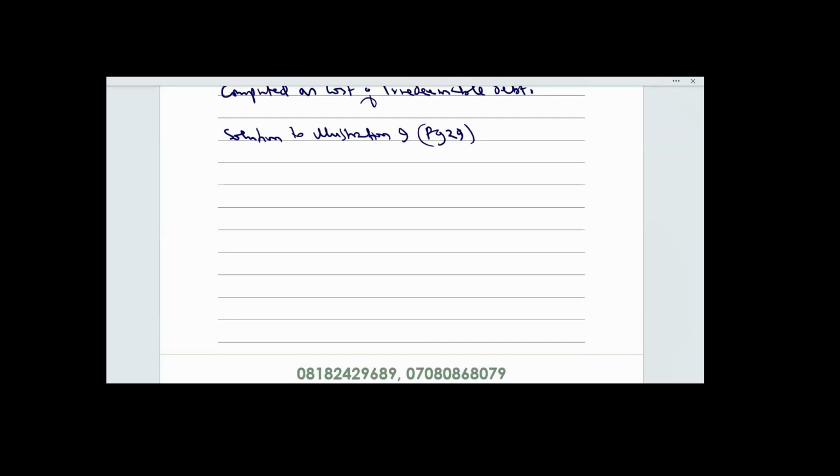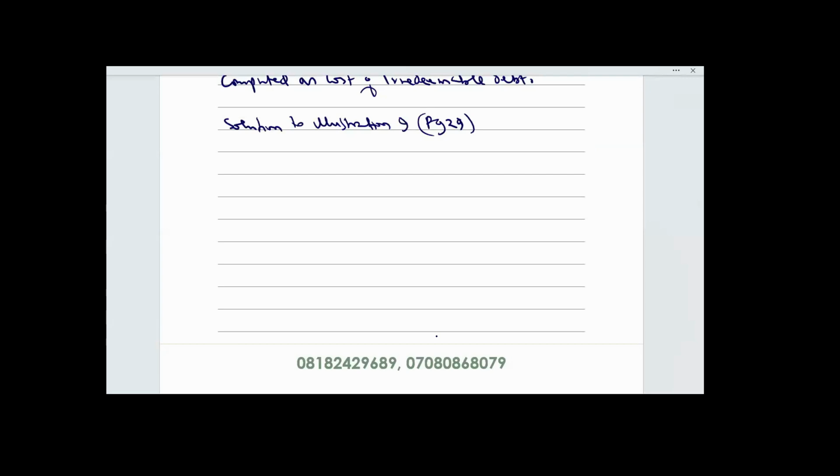So the name of the company is Emery PLC. The examiner is asking you to calculate cost of debenture. You are expected to calculate cost of the company's debenture. We have identified from the question that this is redeemable debenture because you are given the redemption date in 5 years' time.